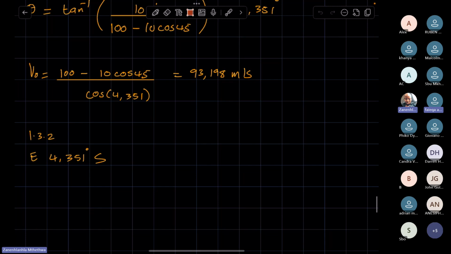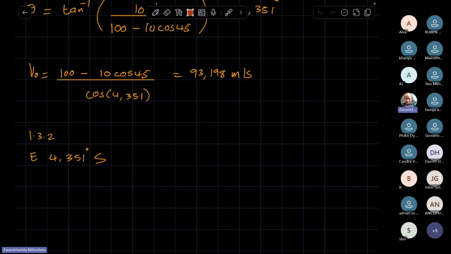I thought that method was incorrect because it wasn't the same as the answer on the question paper. Yes, on the question paper, at the bottom there's the answer also. So what did you get?